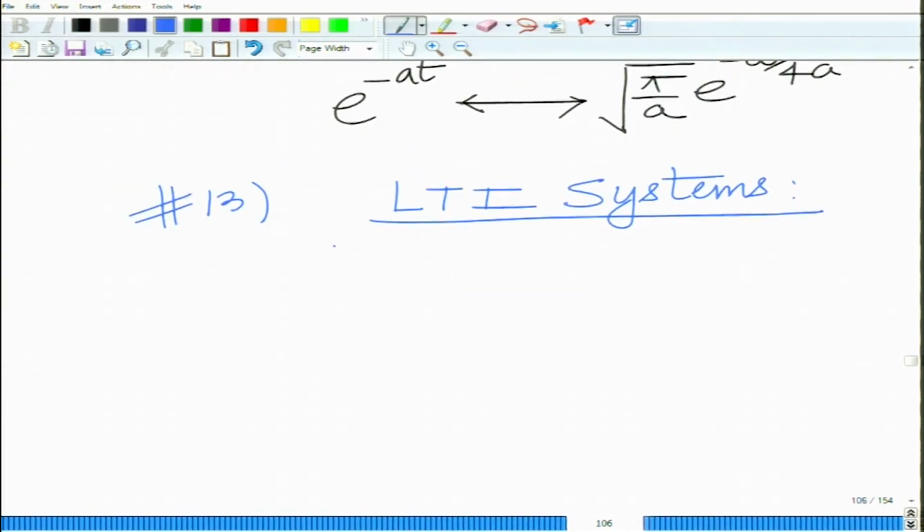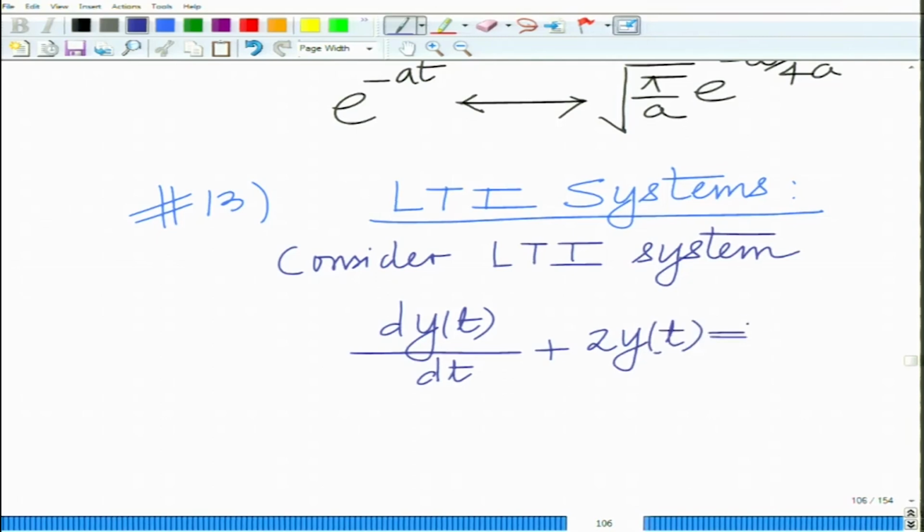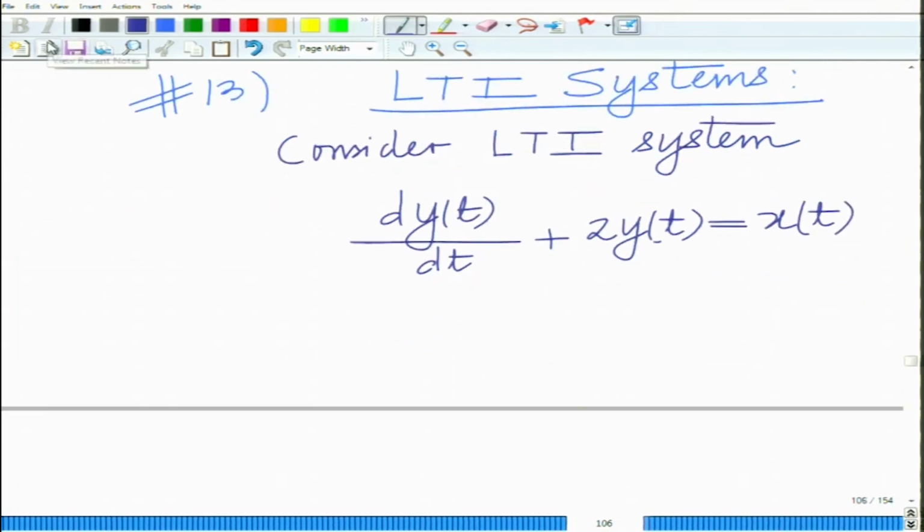So, consider the LTI system with the output given by the differential equation, what we also call the constant coefficient differential equation, dy by dt plus twice y of t equal to x of t.